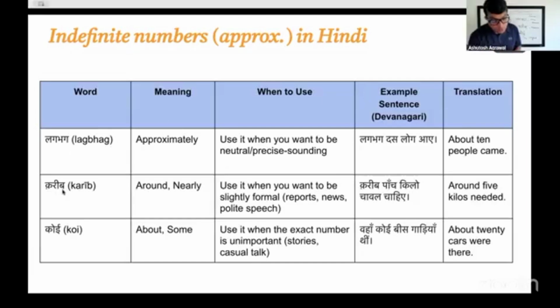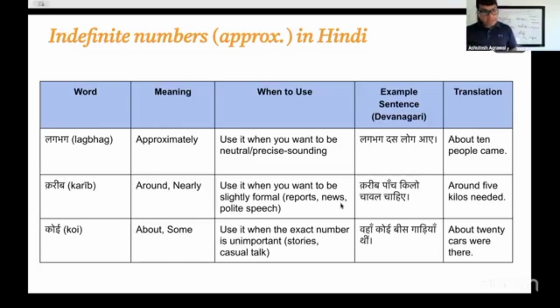When you want to use karib, as most of you mentioned, it's around, okay, around. You use it when you want to be slightly more formal, when you talk about reports or news or political speeches, or even when you are shopping, right? करीब 5 किलो चावल चाहिए, okay. Around 5 kilograms or pounds of something is needed.